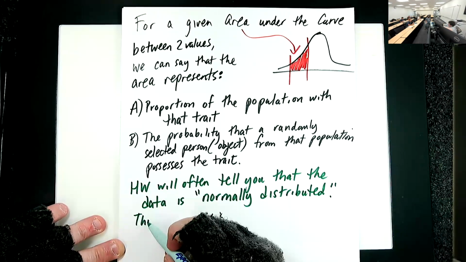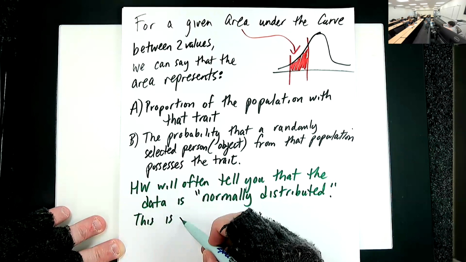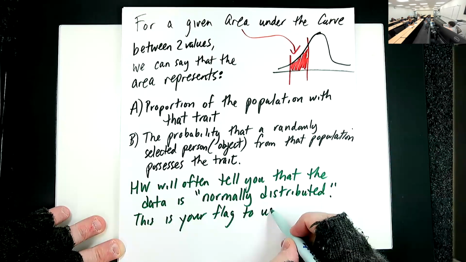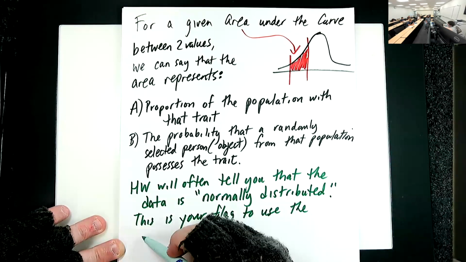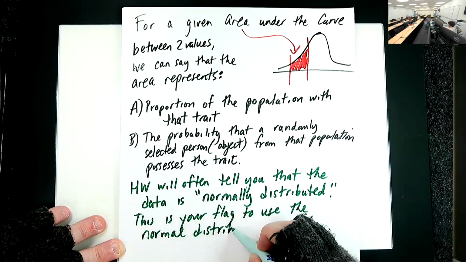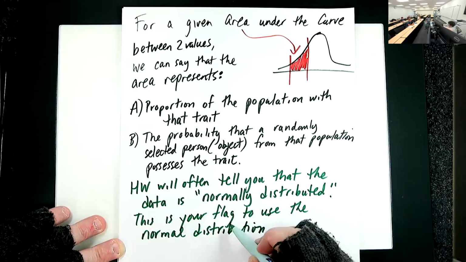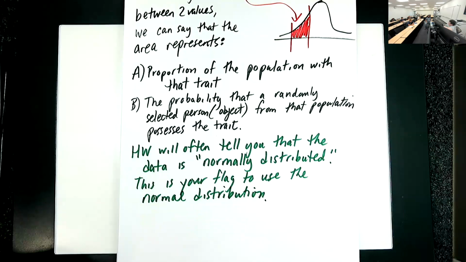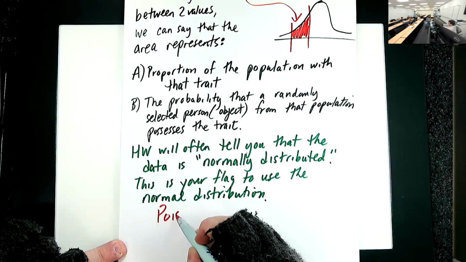This is your flag to use normal distribution. And like, I didn't say it last time, Poisson does the same thing.